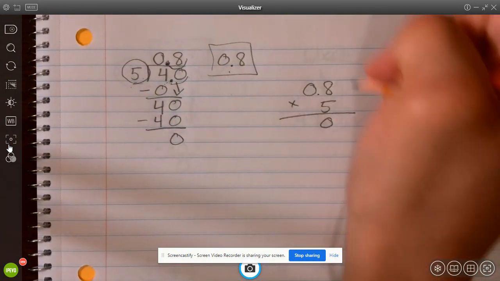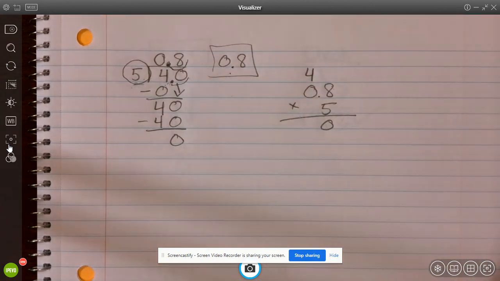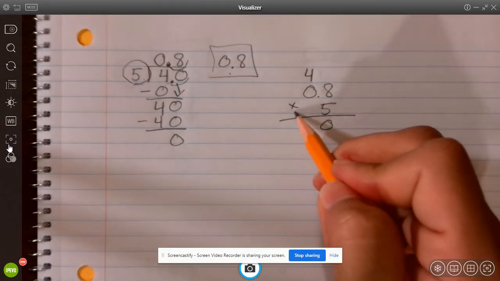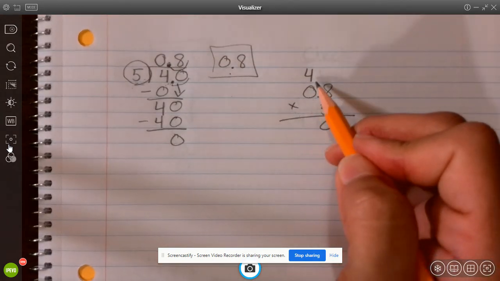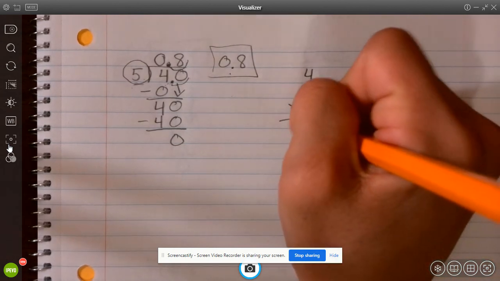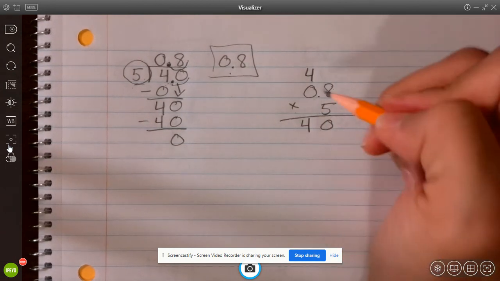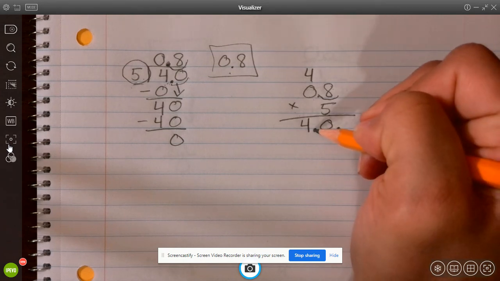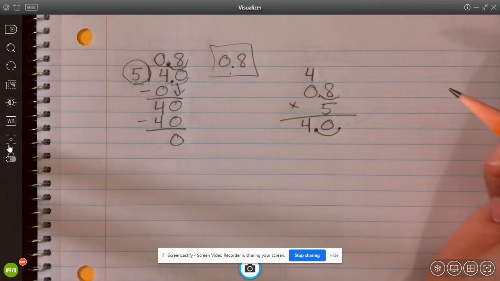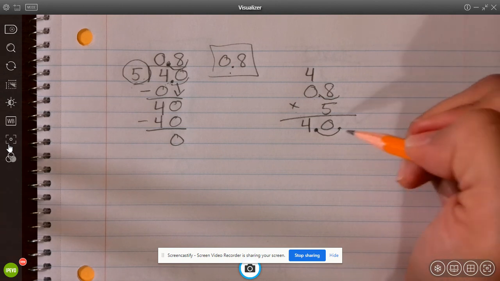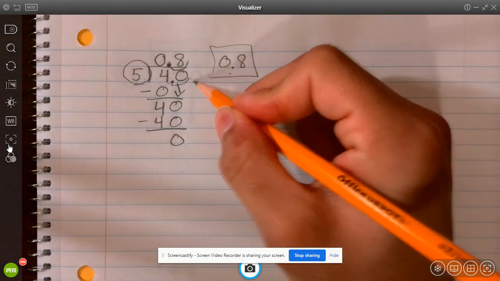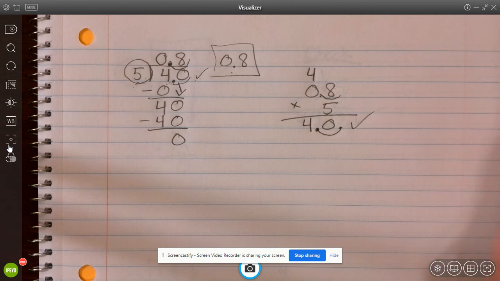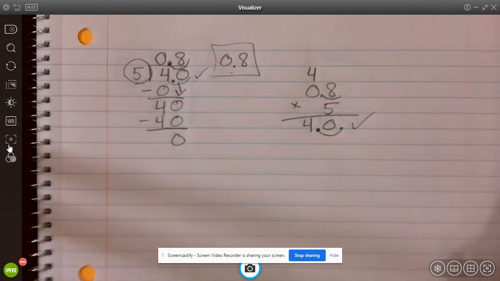I put my 0, carry the 4. 5 times 0 is 0, plus 4 is 4. How many times am I moving the decimal? 1 place over. It starts here. 1 place over. So 4 is my answer. Does that match my dividend? Yes, it does. So 0 8/10 is the correct answer.